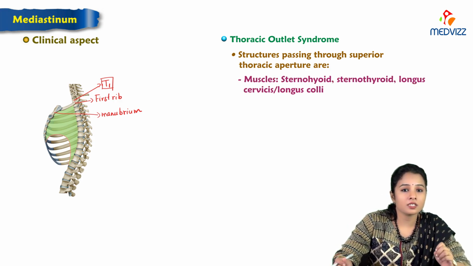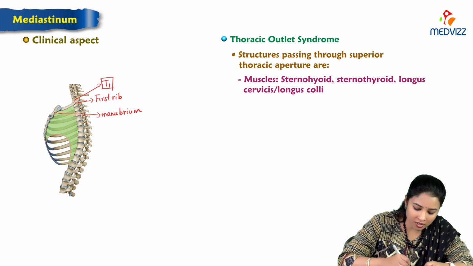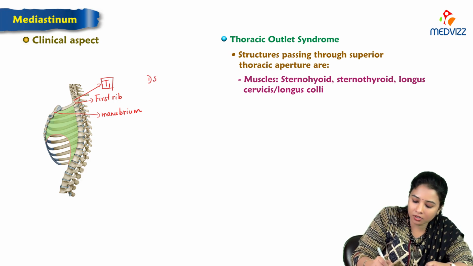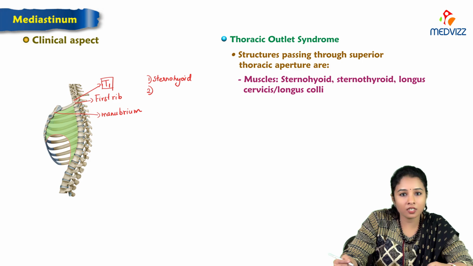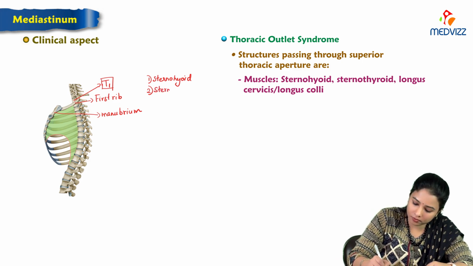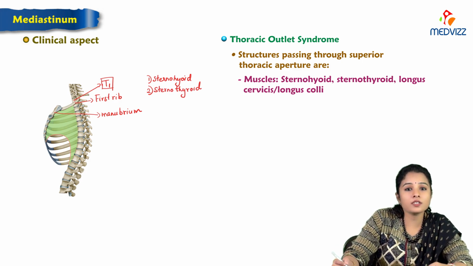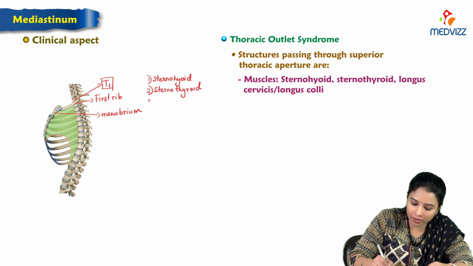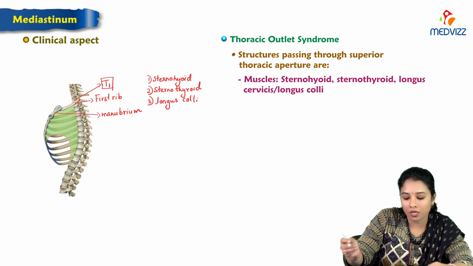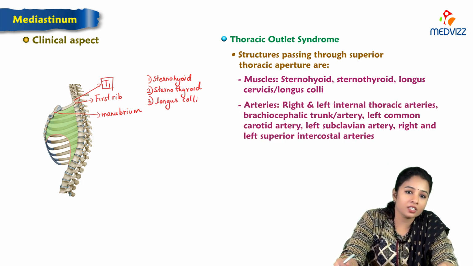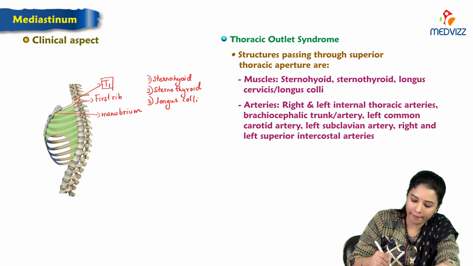The muscles are sternohyoid, which gets origin from the sternum and runs upwards towards the hyoid, sternothyroid, longus cervicis or longus colli, and arteries are right and left internal thoracic arteries.